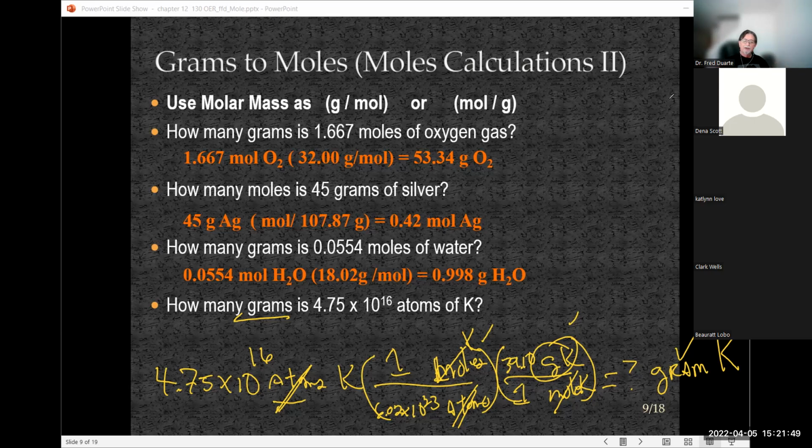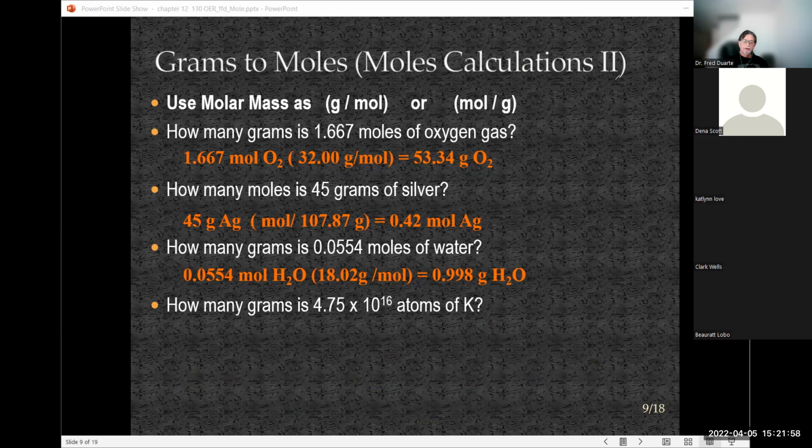So we've got it set up, and the units cancel out okay. Now it's a matter of plugging in the numbers and running it through your calculator, and you should come up with 3.09 times 10 to the 6 grams.